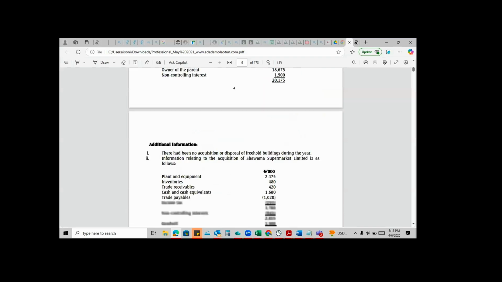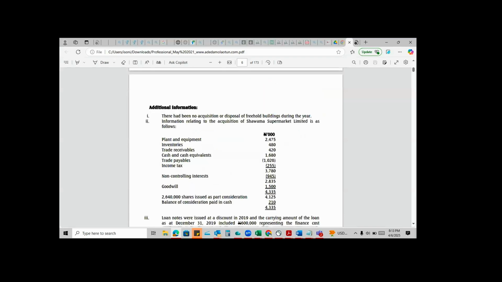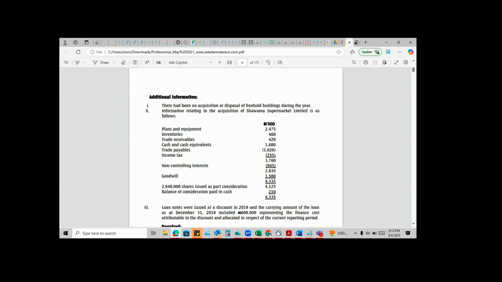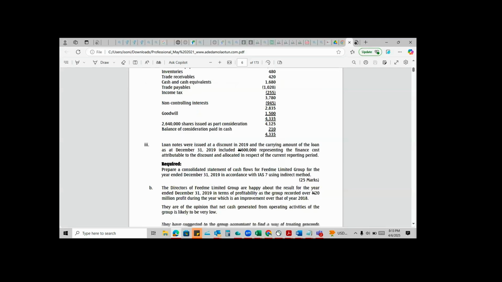Additional information. We are told that there had been no acquisition or disposal of freehold buildings during the year. All right. Before I even read additional information, let me see what we are required to do. I always say you should read what you are required to do first.